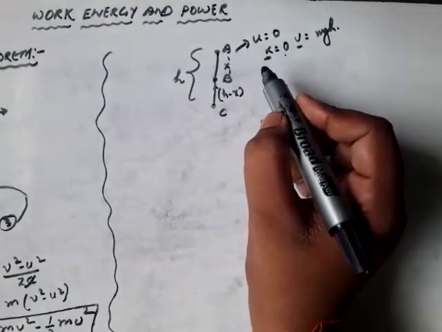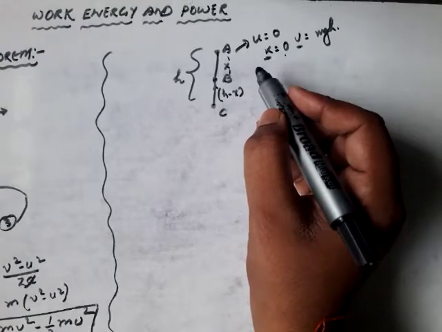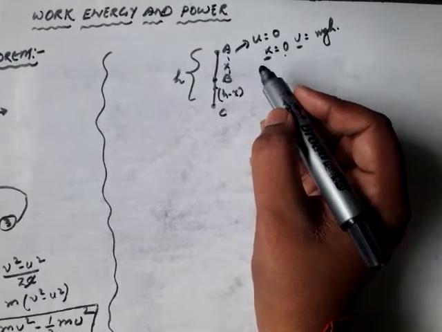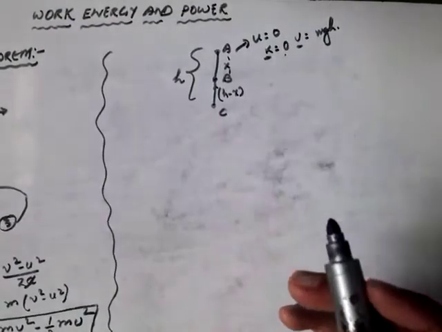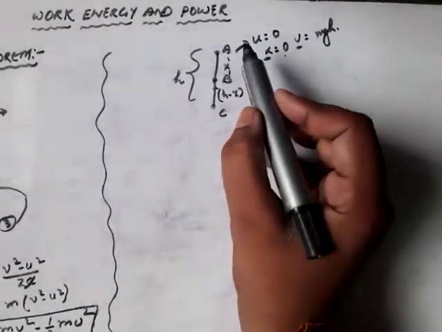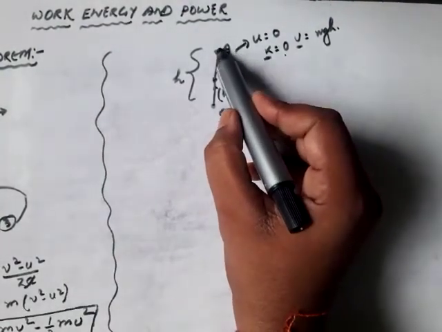When the body is at point A and just coming to B, what is its initial velocity?